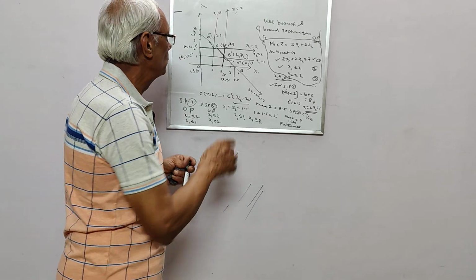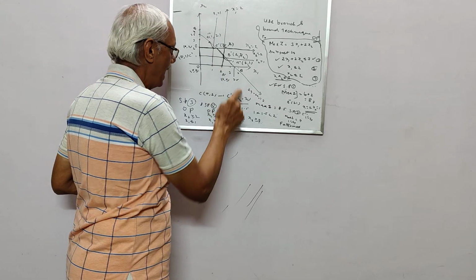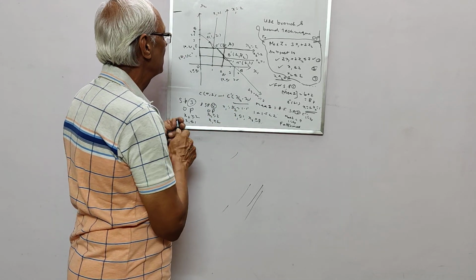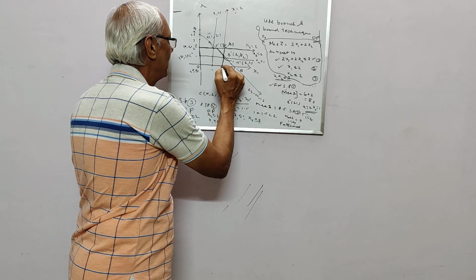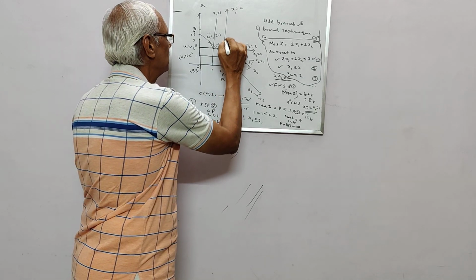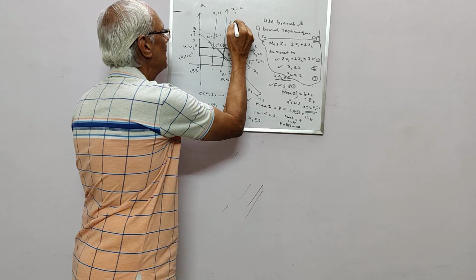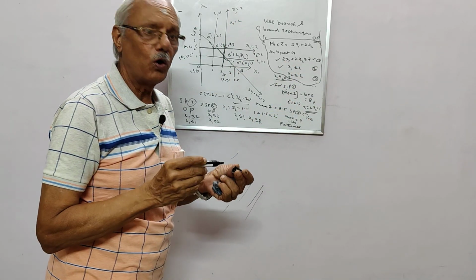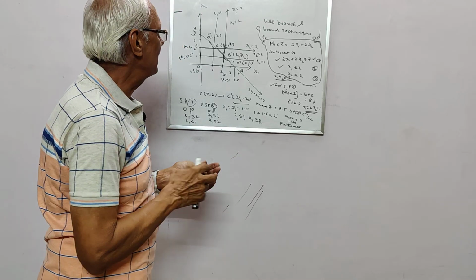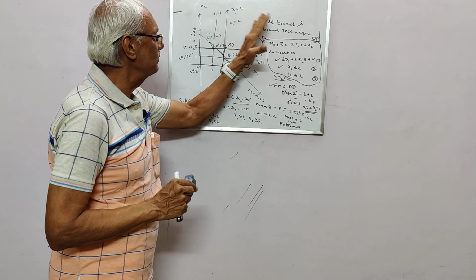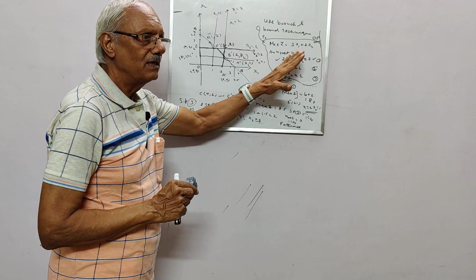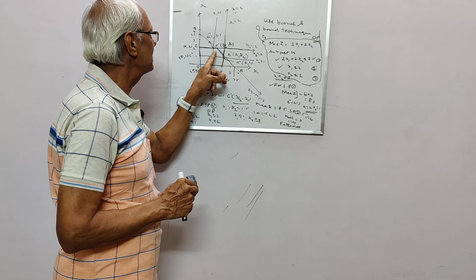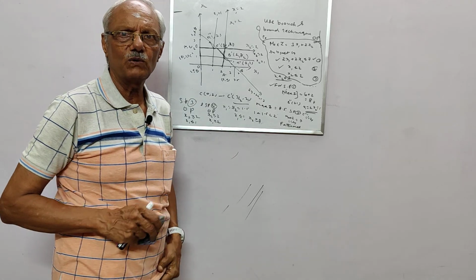Now keep this in your mind. Now listen to what I do. Here I draw this line, x1 is greater than or equal to 2. That means I draw the line x1 is equal to 2, and search for a solution on the right hand side. But you are going to search for a solution which is not in my region, because your region is CC dash. Are you able to catch what I'm telling you?